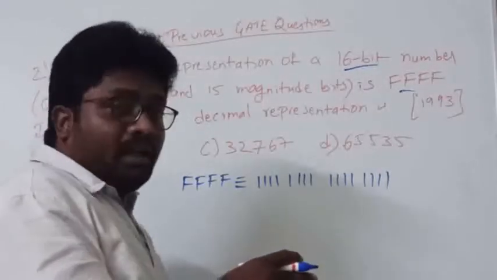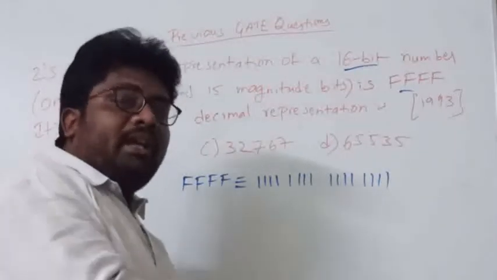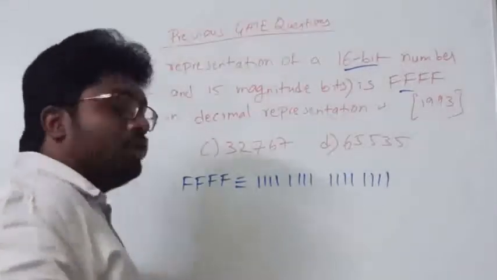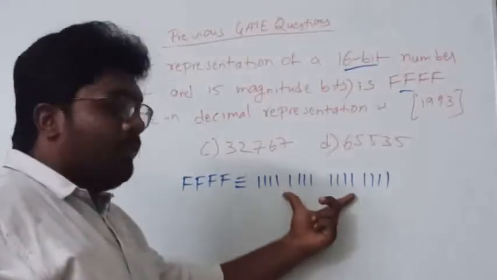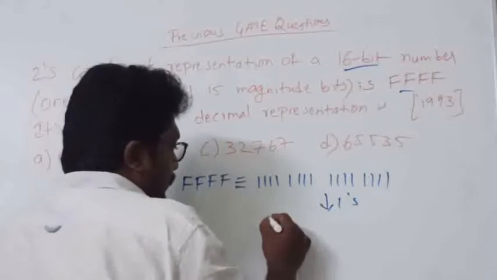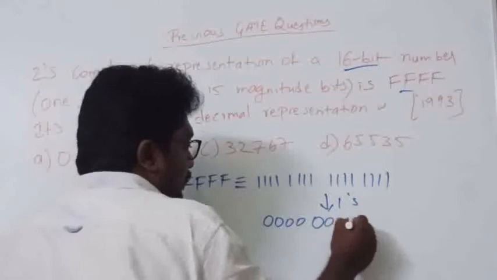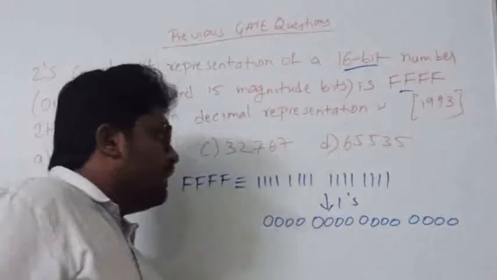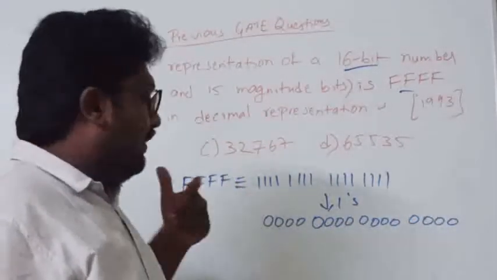In order to get the original number, we again perform the 2's complement. The first step is to convert this number to its 1's complement, so it becomes all zeros. This is the 1's complement representation of FFFF.